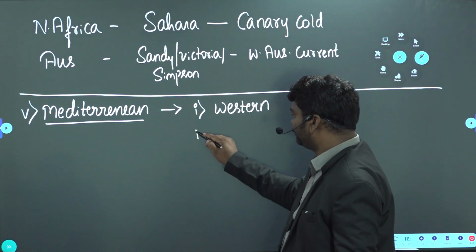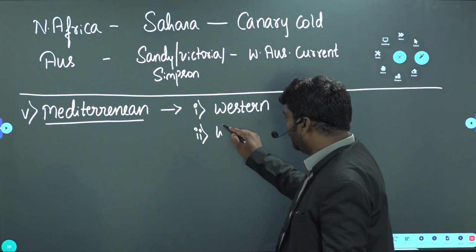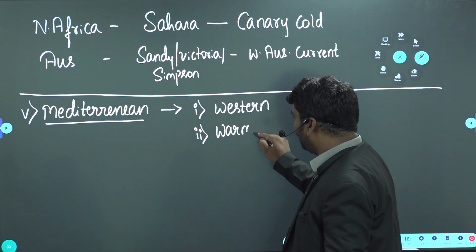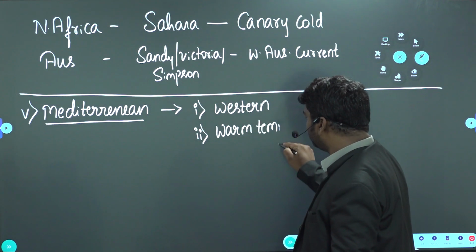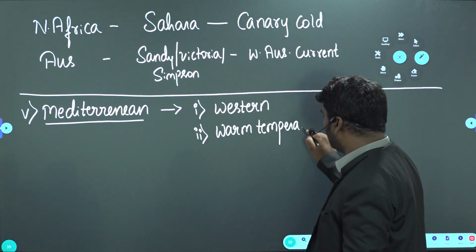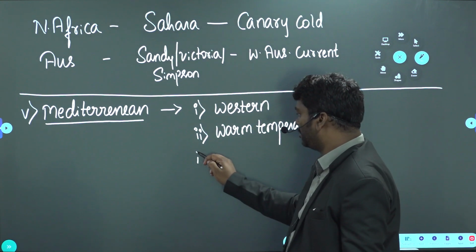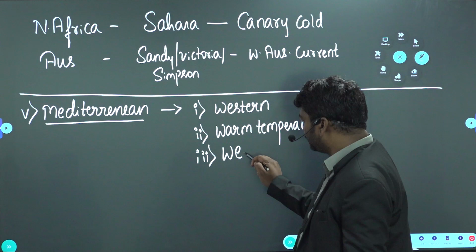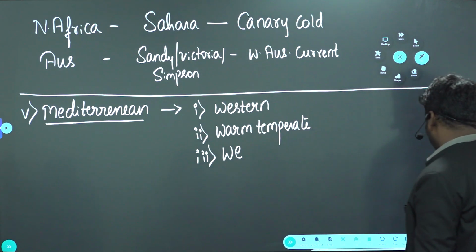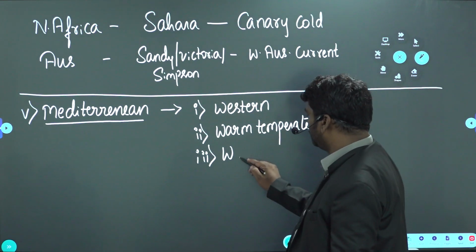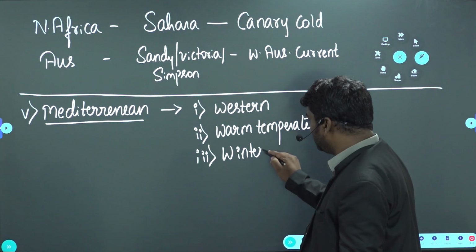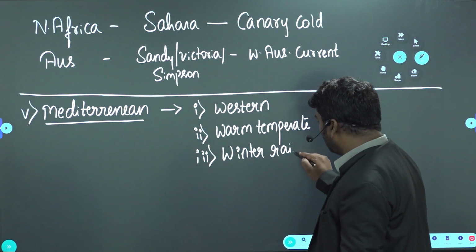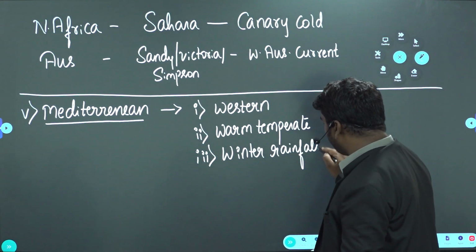It is warm temperate. The moment you see winter rainfall, which region gets winter rainfall?